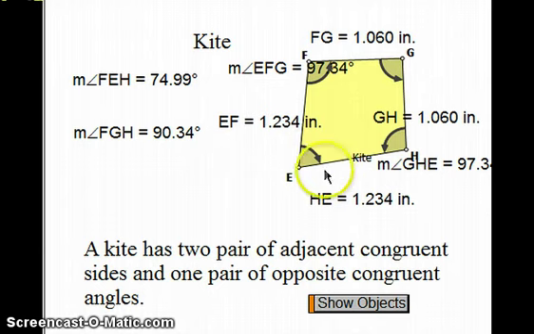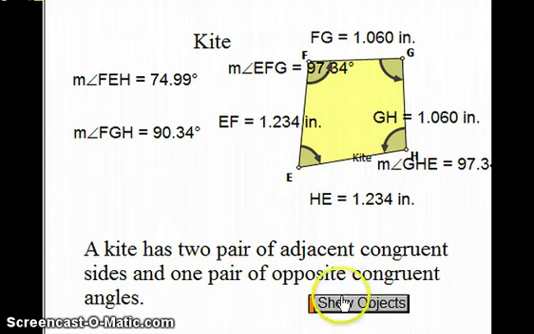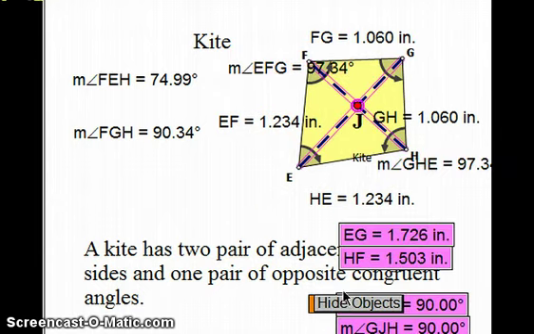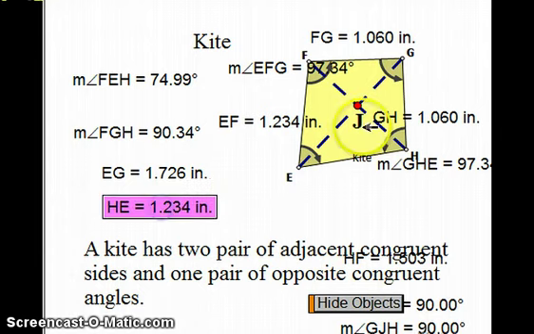The way I remember, and I know this is kind of busy, is that the congruent angles are opposite each other and they're in between two non-congruent sides. Now let's take a look at the diagonals of a kite and let me see what you notice. Here's one diagonal, EG, and here's another diagonal.